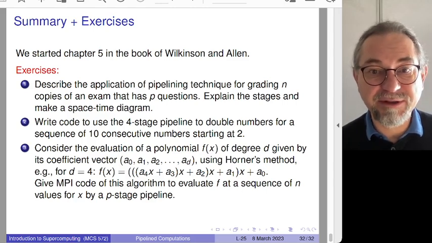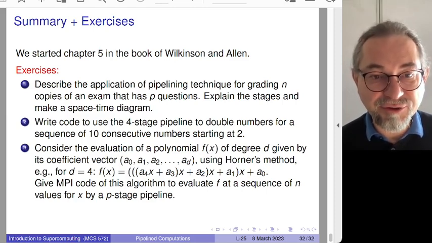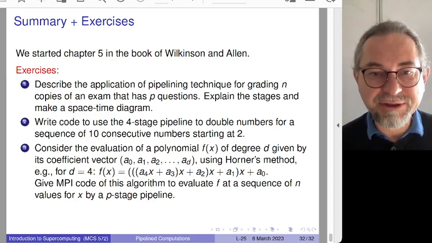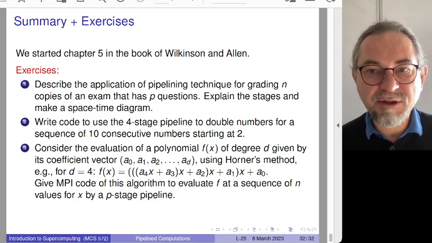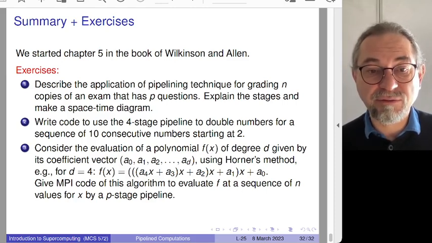Horner's method to evaluate a polynomial: here it's natural to work with a pipeline, so initially you have a multiplication by x and then an addition. At first, when you solve this exercise, think about a two-stage pipeline. But one can generalize this to a p-stage pipeline.